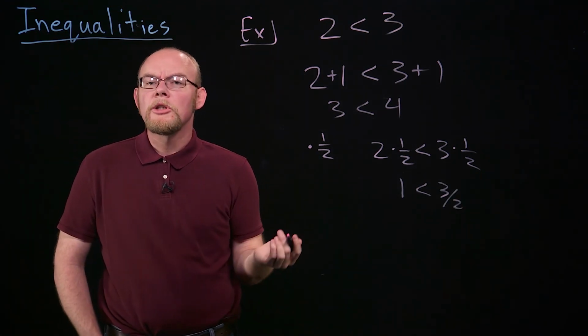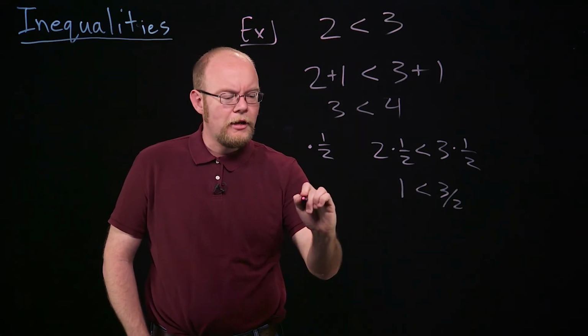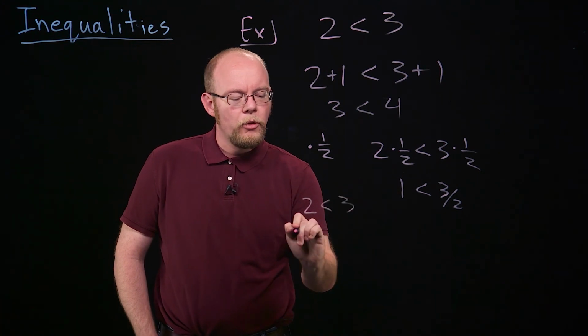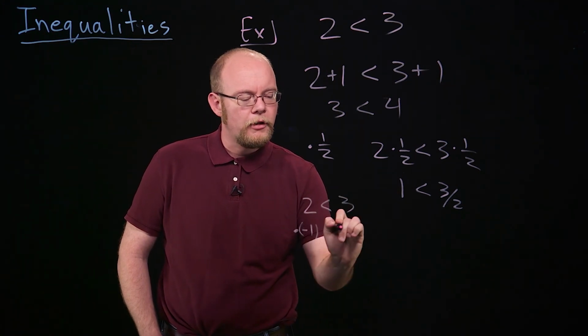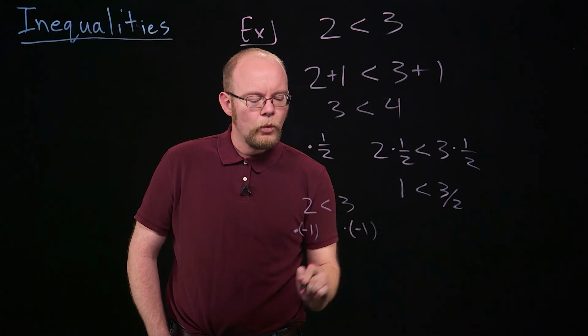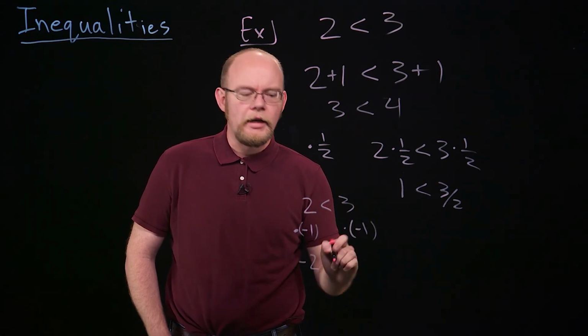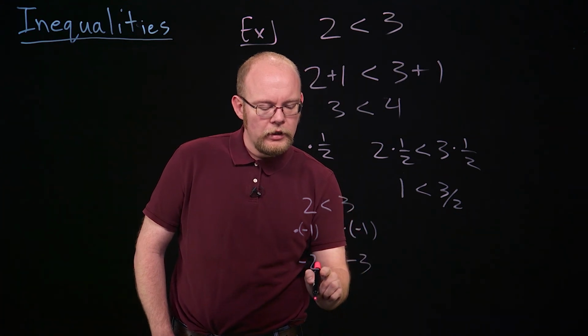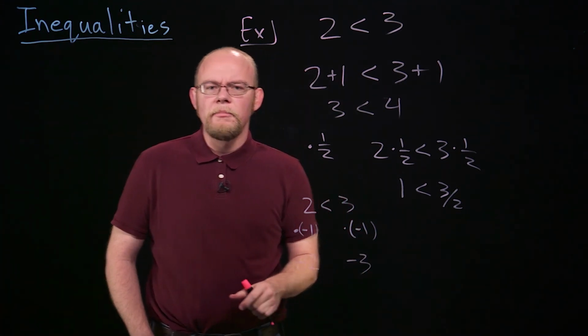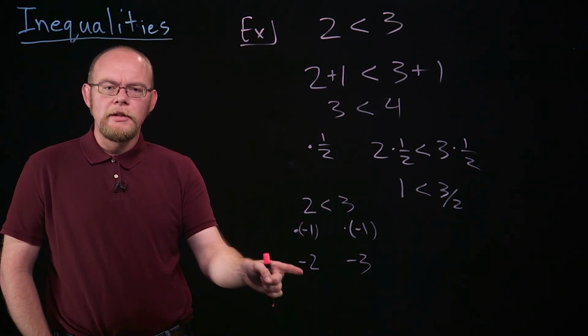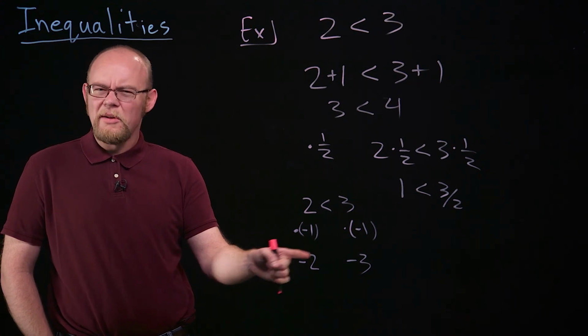Now what happens if we multiply by a negative number? Let's say we have 2 is less than 3, and we multiply both sides by -1. Well, on the left side, we get -2, and on the right side, we get -3. Now, in terms of magnitude, -2 is smaller than -3.